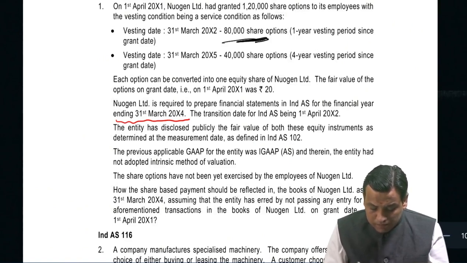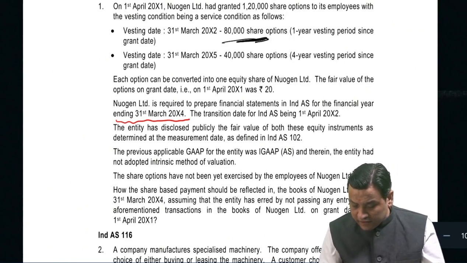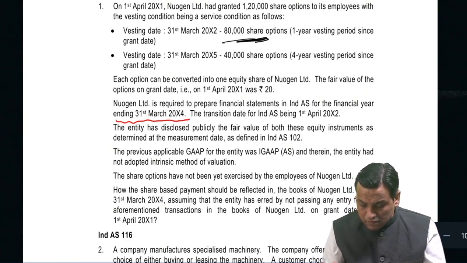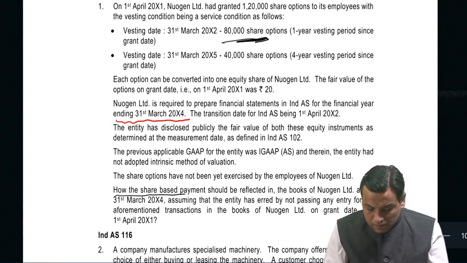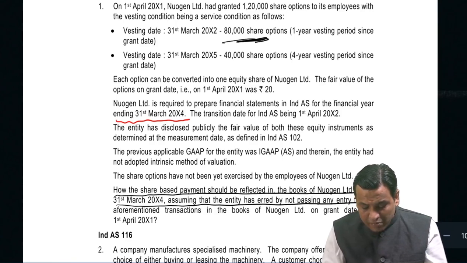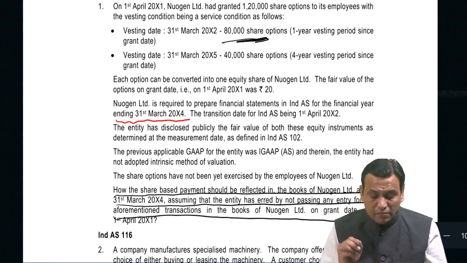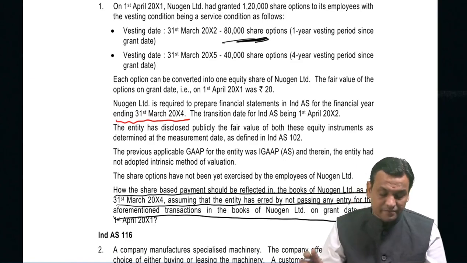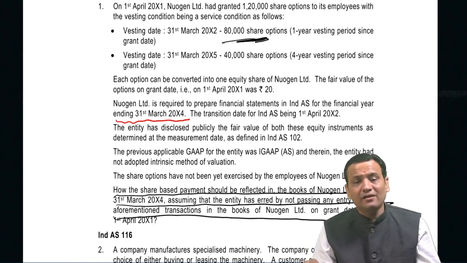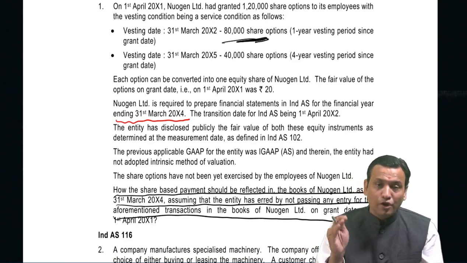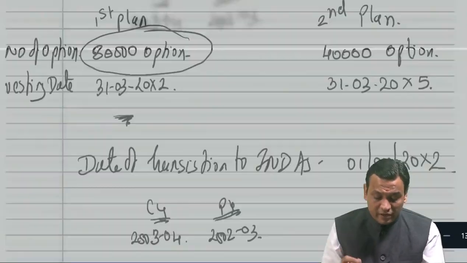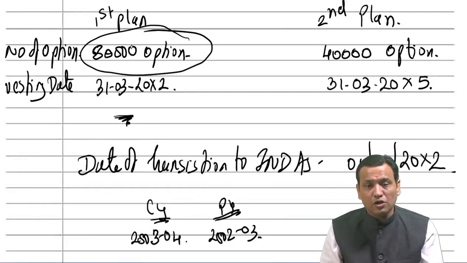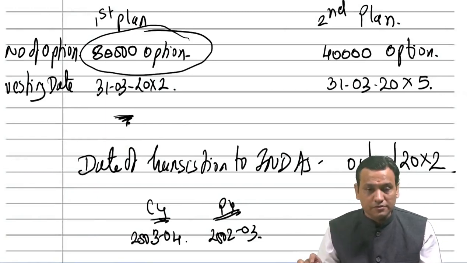But the problem is that if you read the question, friends, read this point. The entity has erred by not passing any entry for the above mentioned transaction in the books on the grant date. You have made an error by not passing any accounting for either the 80,000 options or the 40,000 options.